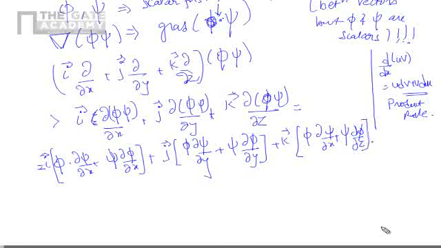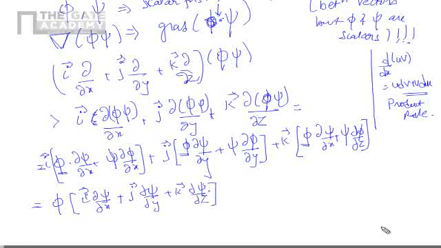Now if I group the I, j, k terms, what will I get? There is one phi term here, one here, and one here. These are scalars, right? I can take it out. So phi times I dou psi by dou x plus j vector dou psi by dou y plus k vector dou psi by dou z, plus similarly psi, which I have here, here and here.